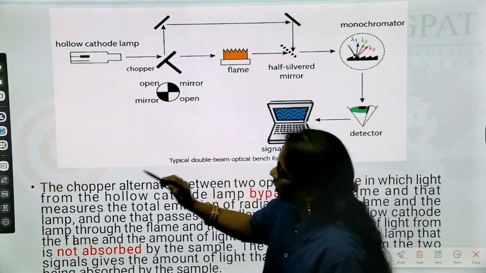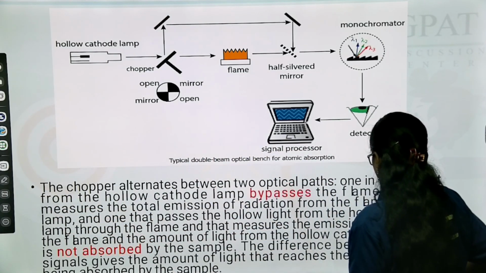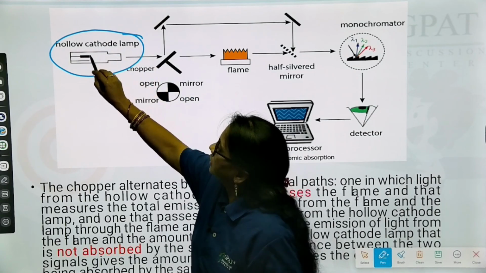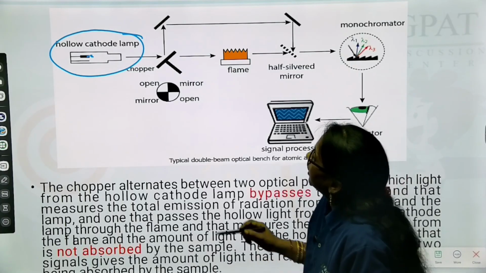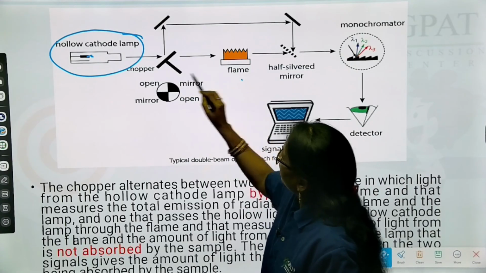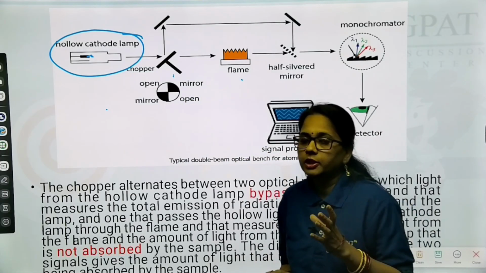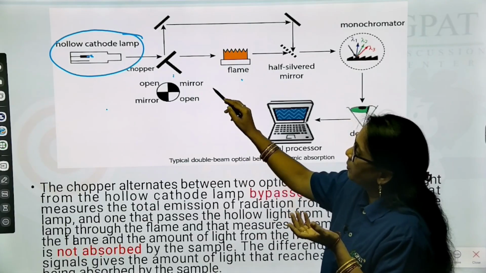Actually, if you observe this hollow cathode lamp, from it you are going to take the source. The cathode generates the radiation for the required element, and in between the lamp and the flame we are going to place this chopper. The chopper is placed once in the open condition and once in the mirror condition.